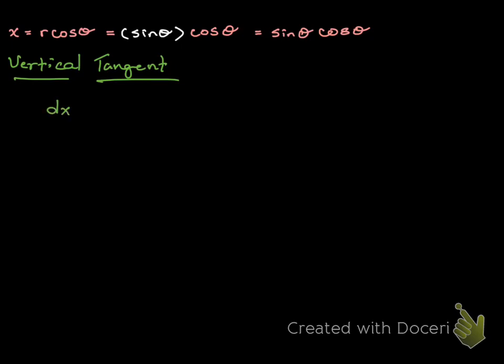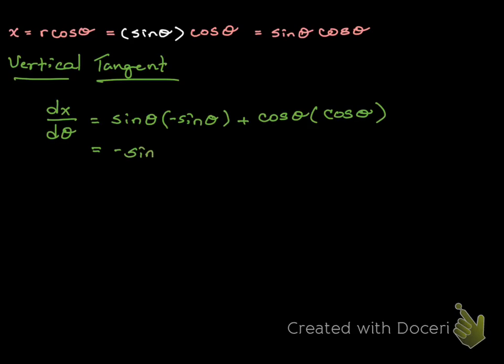So the product rule, dx/dθ, gives me sine of theta times minus sine of theta plus cosine of theta times cosine of theta, or in other words, minus sine squared theta plus cosine squared theta. Okay, this happens to be another double angle identity, right? And it just makes things a little bit easier to solve when I set them equal to 0. That's the same as cosine of 2 theta, and I want to know when that is 0.